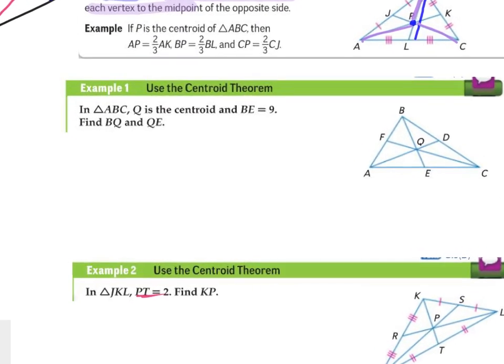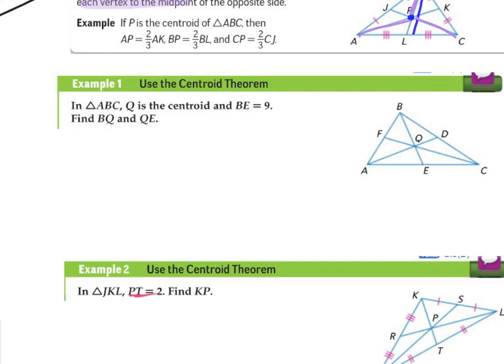So what that looks like in an example, if we have triangle ABC, and we're told Q is our centroid, and then they tell us also that BE, this entire median, is 9. So we're asked to find BQ and QE.